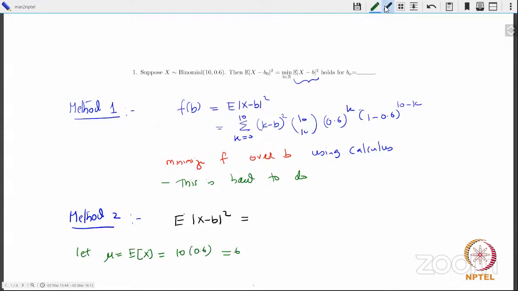So what you do here is, in the expected value of (X minus b) squared, you add and subtract the mu. Then you have X minus mu, plus mu minus b.